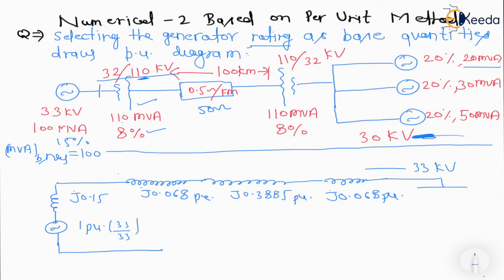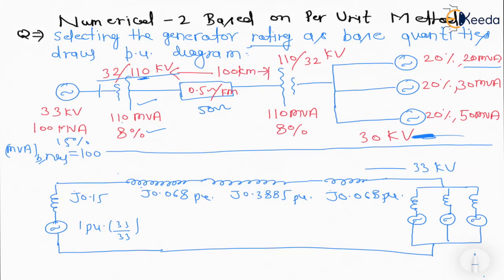And again the motors. For the motors we need to take care of one point, that is the per unit value of the voltage of the motors. We have calculated all the values. For the first motor it was J 0.826.